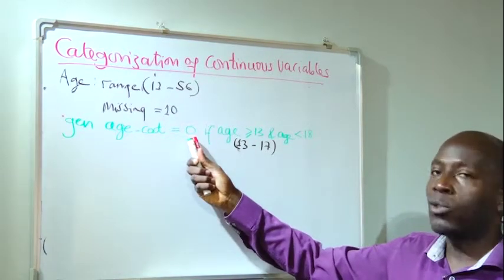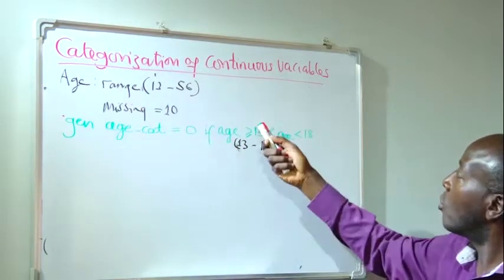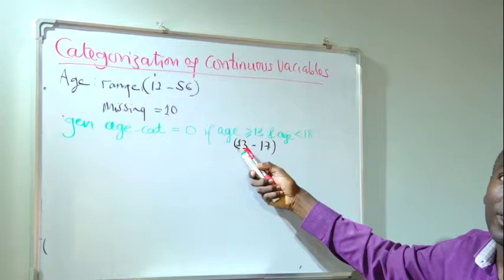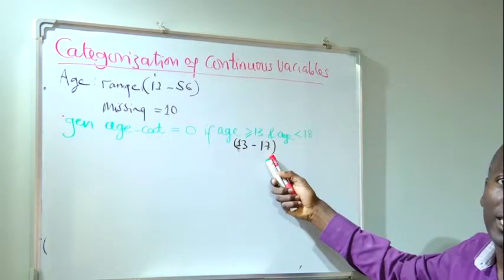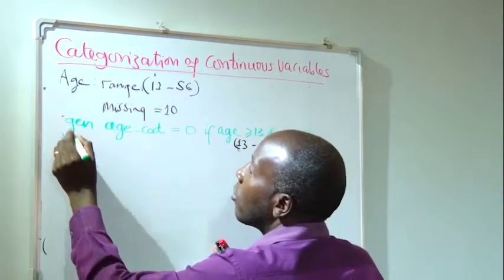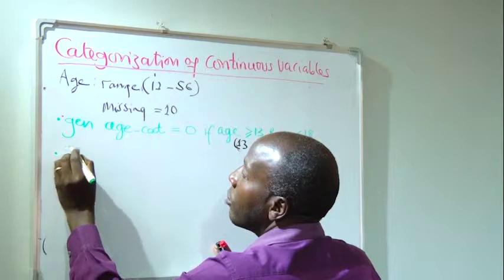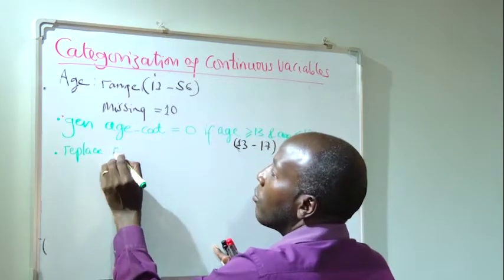Its value is equal to 0 if the original age variable is greater or equal to 13, meaning it starts with 13, and it's also less than 18, means it stops at 17. Then, under the replace, we say replace, because we cannot generate this variable again. We've already generated it.